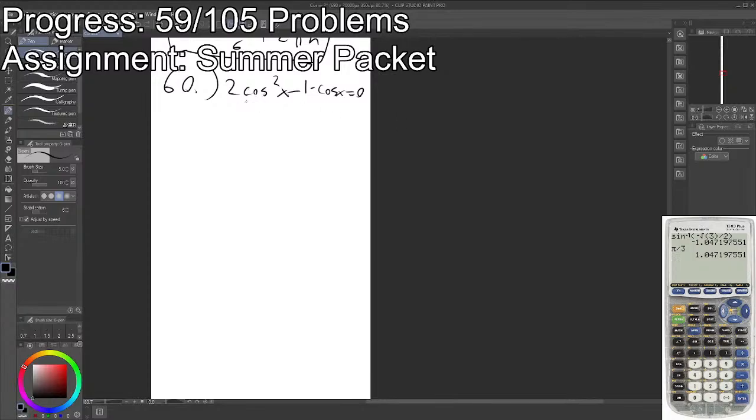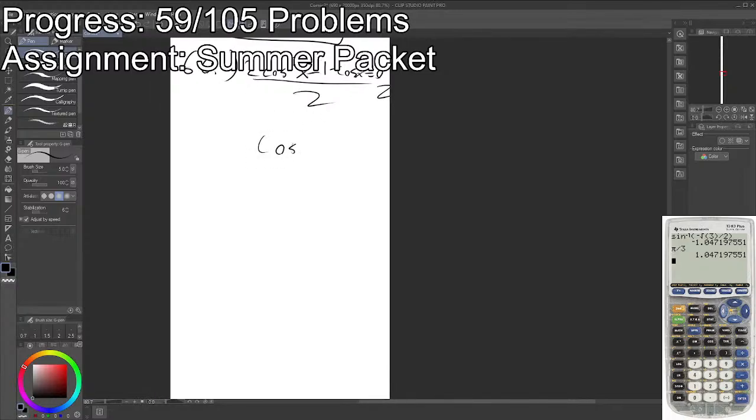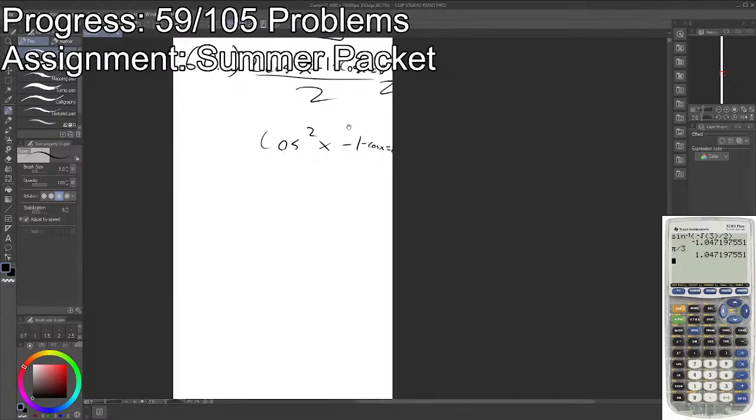So what if I divide the two? Wait. Okay, divide the two, whatever. Cos squared x minus 1.